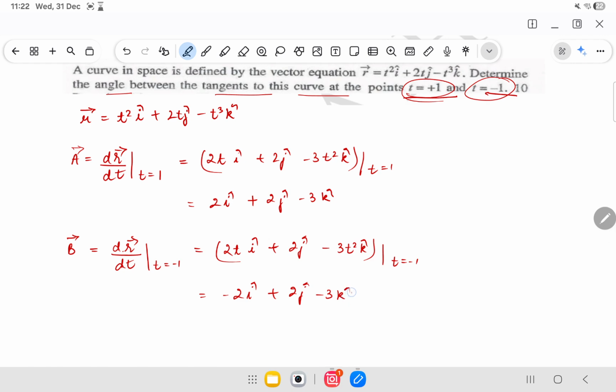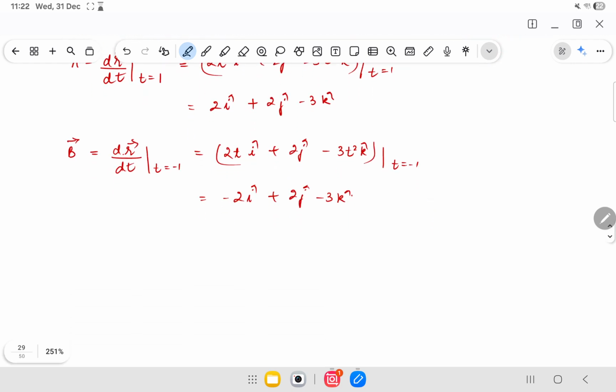Now I need to evaluate the angle between A and B, so cos theta is the dot product of A and B divided by their absolute values.